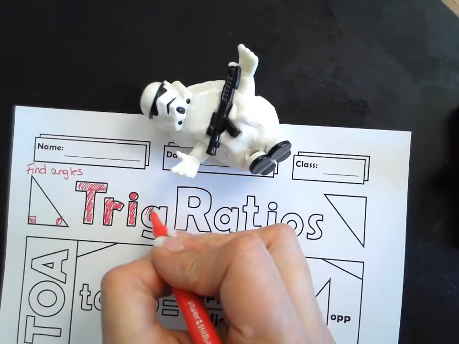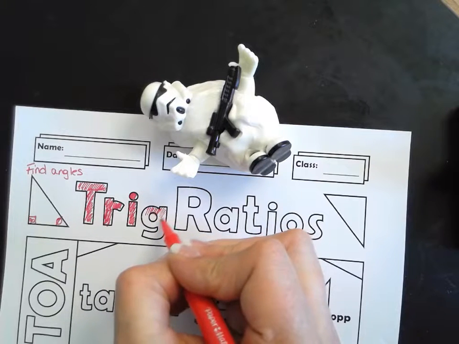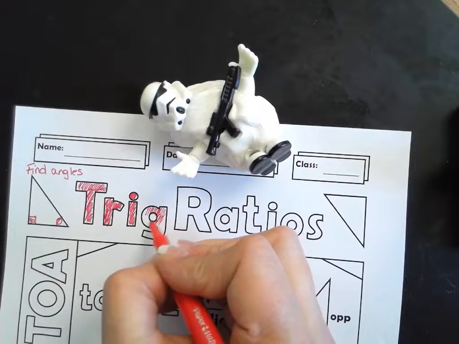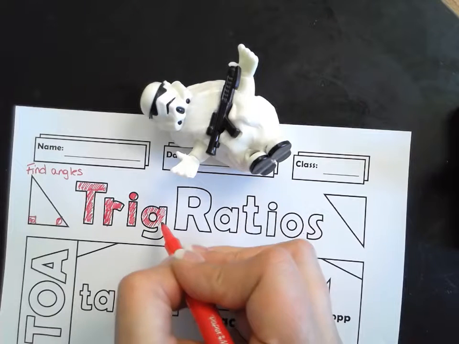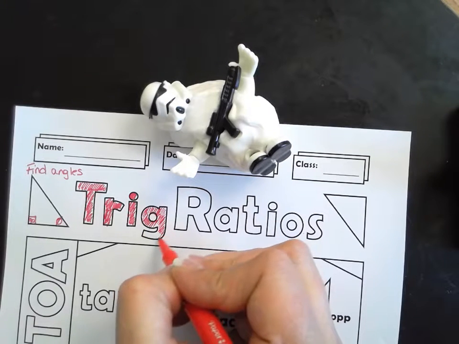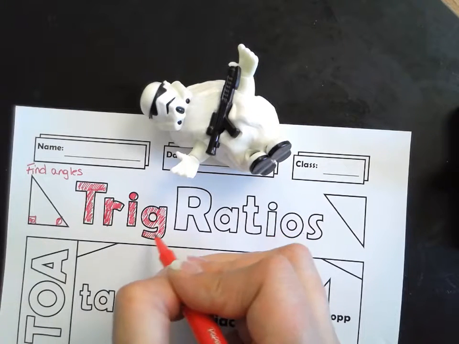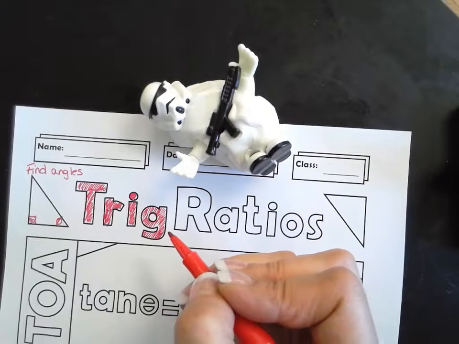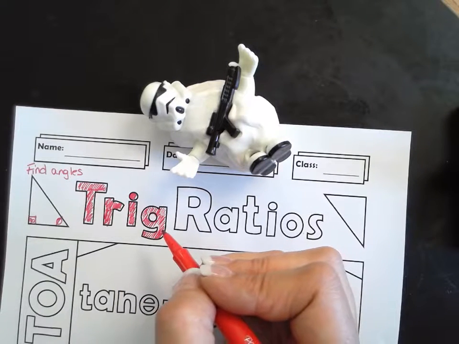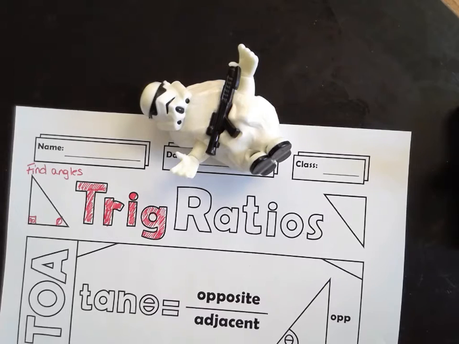How do you find the angle? Like in the calculator, there's a special button you have to use to find the angle. Anybody remember that one? That would be a very smart thing to do, to look at the calculator.